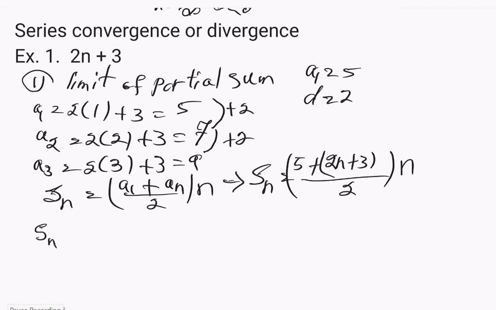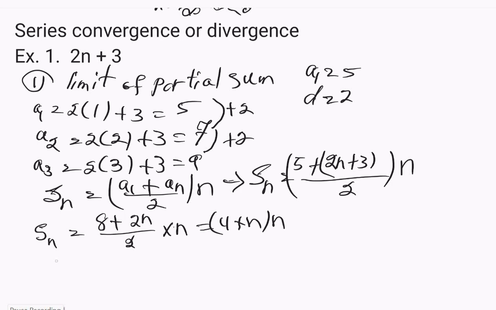Let's do some work on it. 5 plus 3 is 8, so 8 plus 2n, divided by 2, times n. Let's factor 2 from the numerator and the denominator. So we get 4 plus n times n.